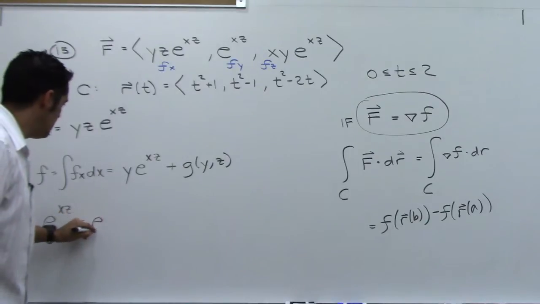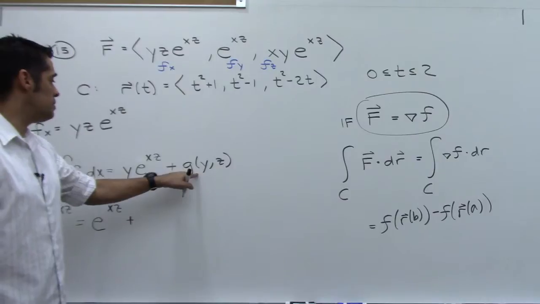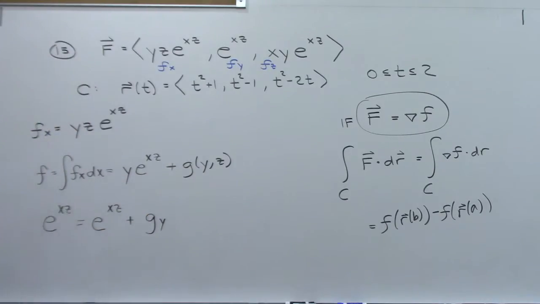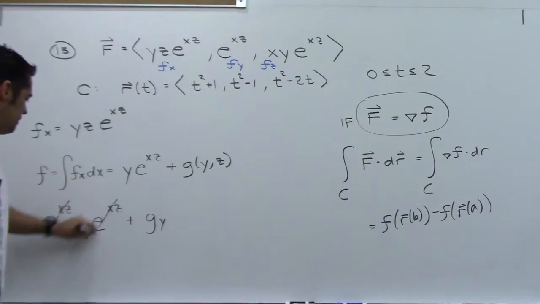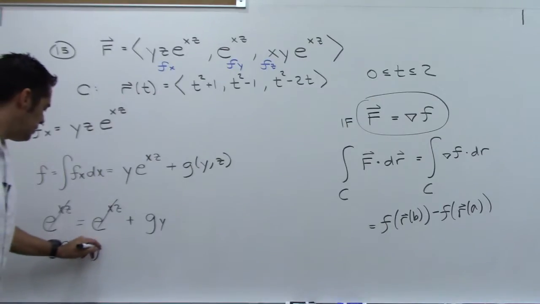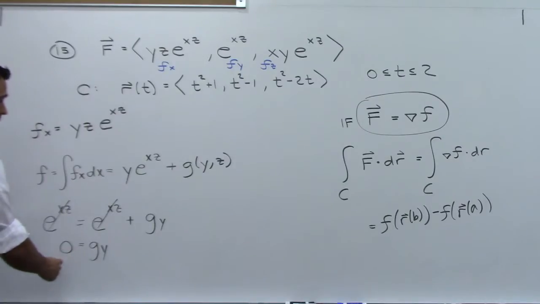So you get e to the xz plus the derivative of g with respect to y, the partial of g with respect to y. And that's a really good thing because these cancel on both sides, you can see. And that means that the derivative of g with respect to y must be 0.